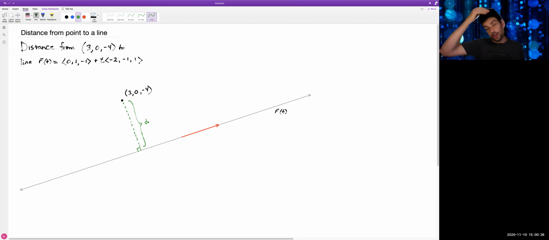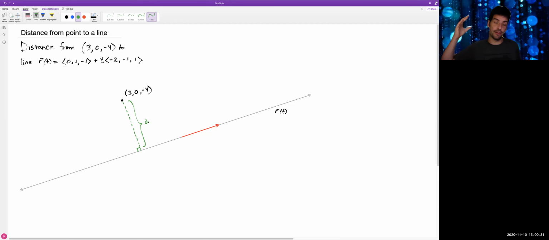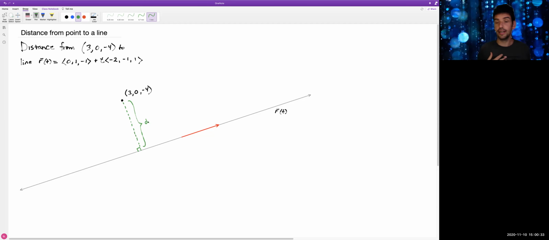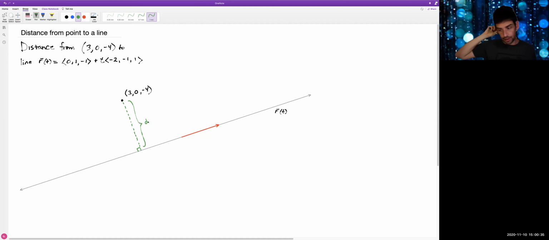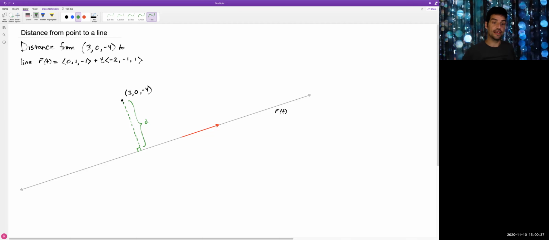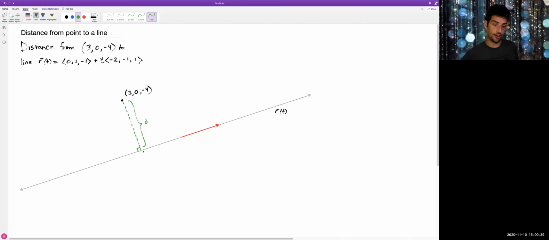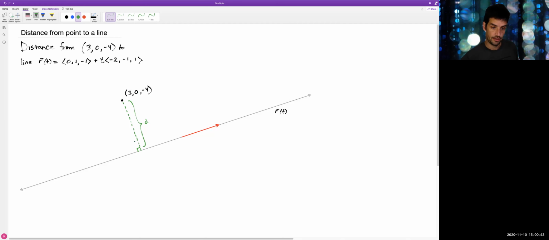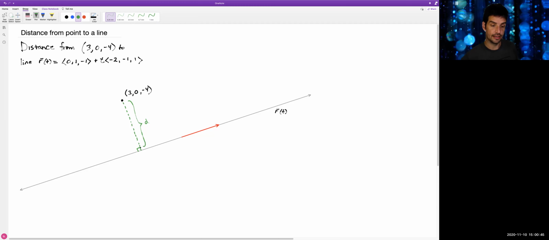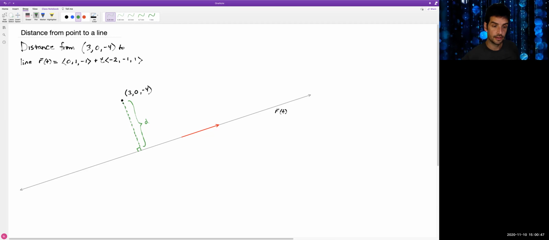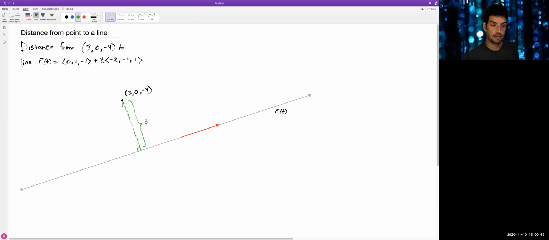So I'm going to think about vectors. What I might want to come up with is the vector between this point and the line.